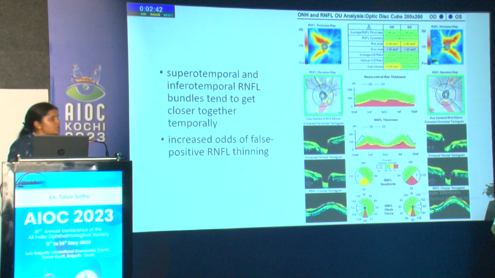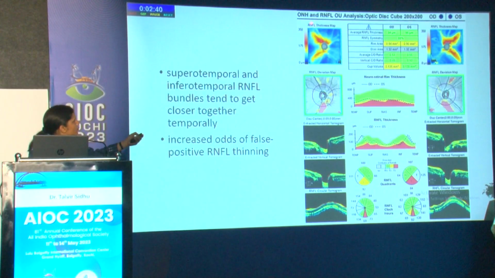So what happens is, we can see here that there is a temporal shift in the retinal thickness map, which is giving us a falsely low RNFL in the infratemporal quadrant in both the areas, giving us the inferior neuroretinal rim or the inferior RNFL as a thin RNFL compared to the normative database, which includes non-glaucomatous eyes.